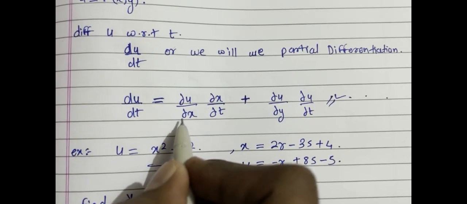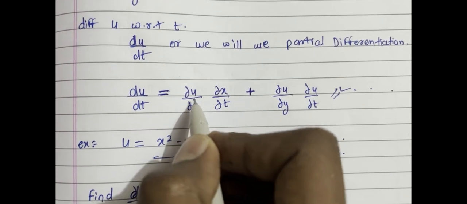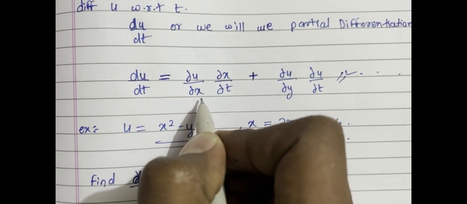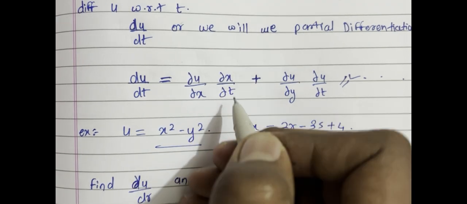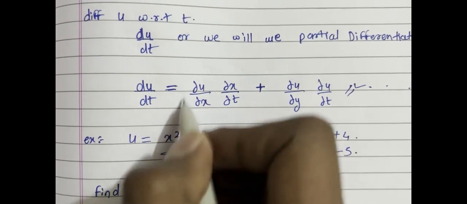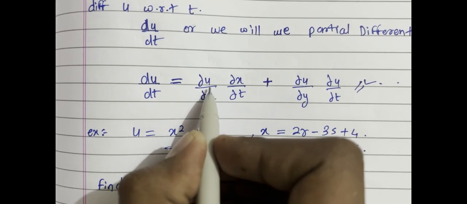Here dou sign represents partial differentiation, that is we are partially differentiating u with respect to x and also multiplying it with the partial differentiation of x with respect to t. So finally we can get the partial differentiation of u with respect to t.